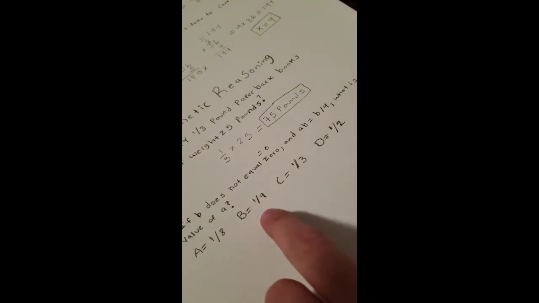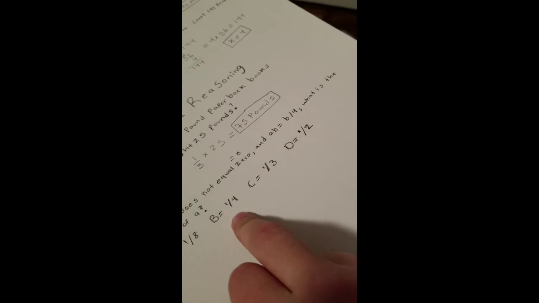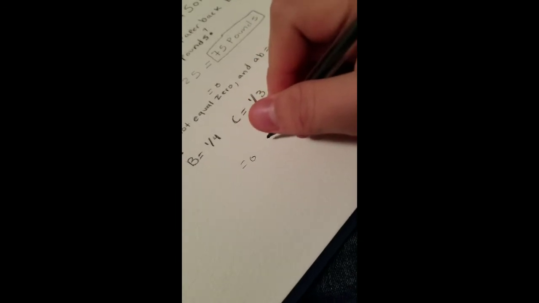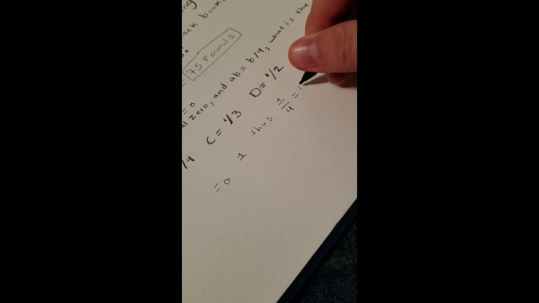And 1/4. Well, look at this. If it's not a 0, guys. Okay, so if it's not a 0, it has to be replaced by 1. So thus 1 over 4, which is B. Okay?